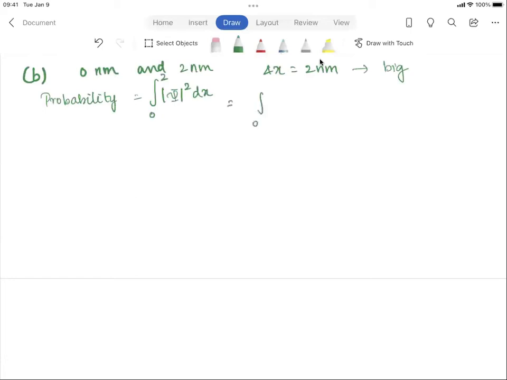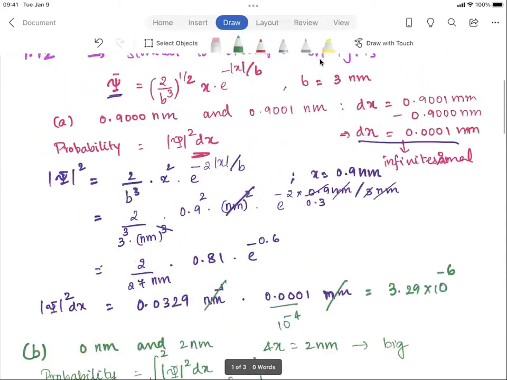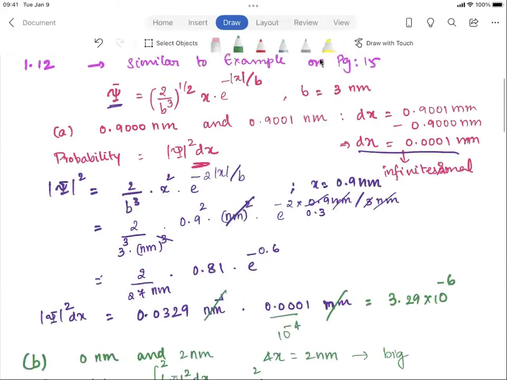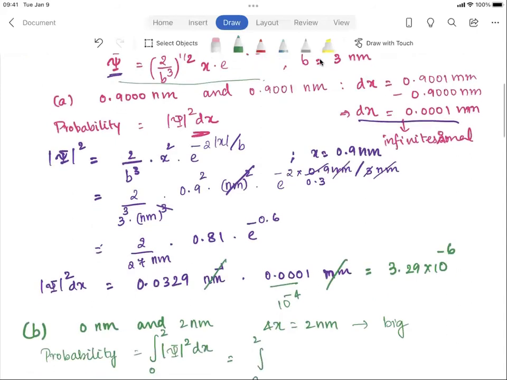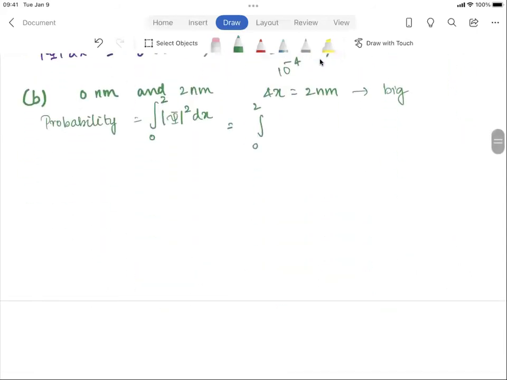So let's do this. We know from before the value of psi is given here. So let's get psi squared, which would be 2 over b cubed times x squared times e to the negative 2x by b.